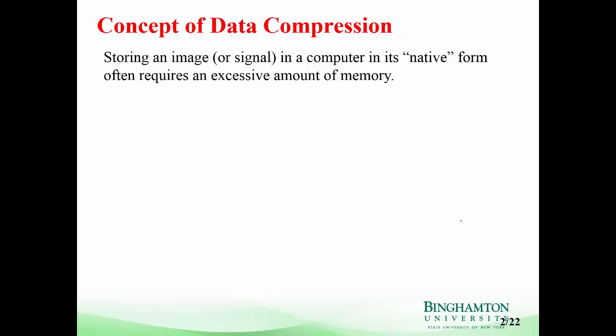So we would need 8 bits per pixel, so that's 1 byte, and then however many pixels there are. So maybe there's 16 megapixels. So that would be 16 megabytes of data necessary to store that.